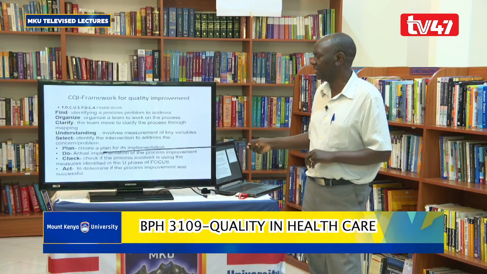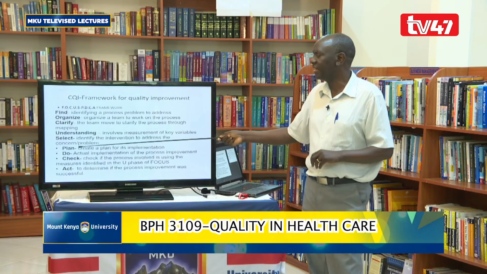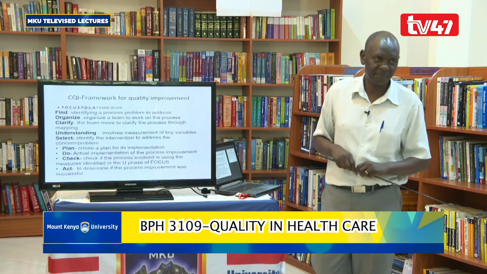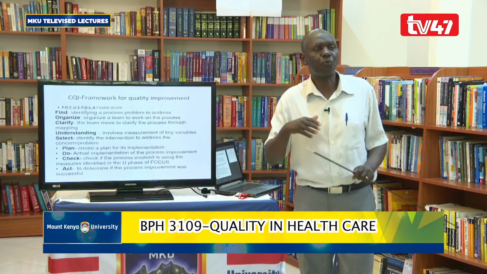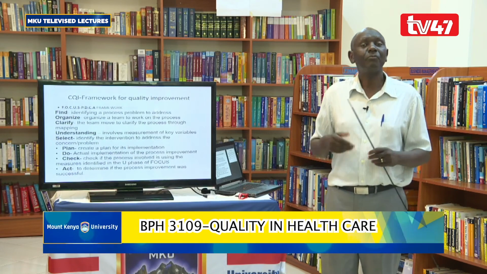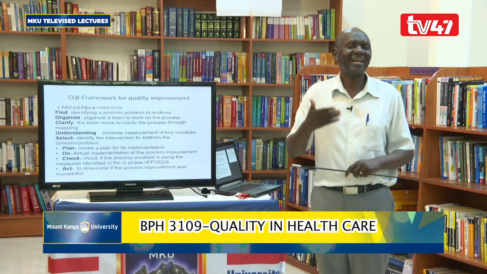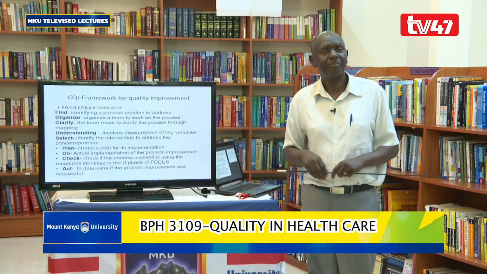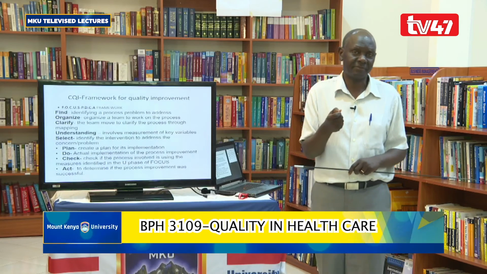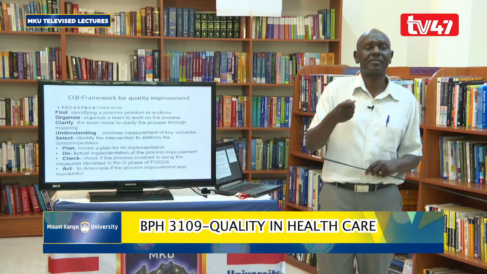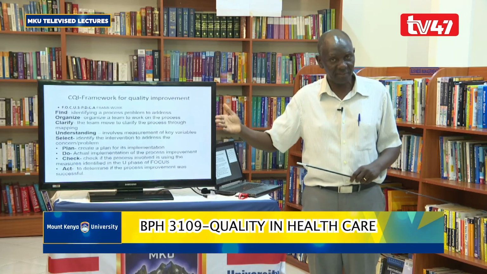After they select the problem, then you move to the next. You plan. Once you have selected what you are going to do, then you must plan. What does plan involve? Plan involves coming up with the objective. Objective means what will be your target?